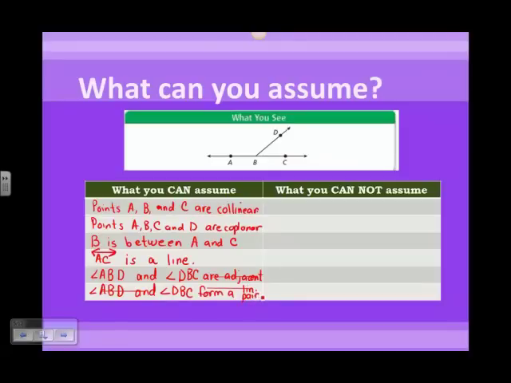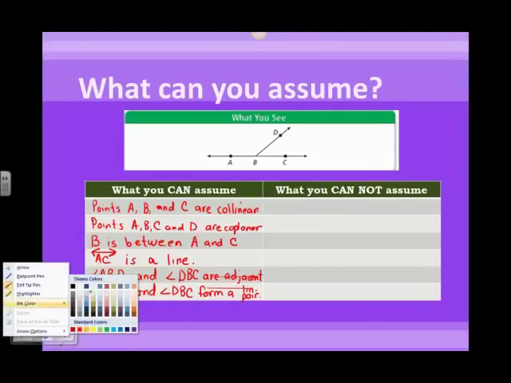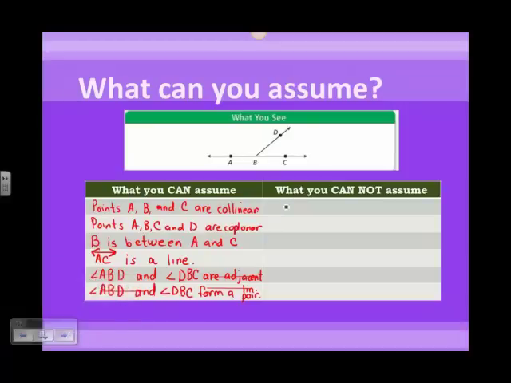Okay, things that students might want to assume that are not safe to assume. It is not okay to assume, and I'll change the color here just for emphasis, that angle CBD is acute. It is also not safe to assume that angle ABD is obtuse.